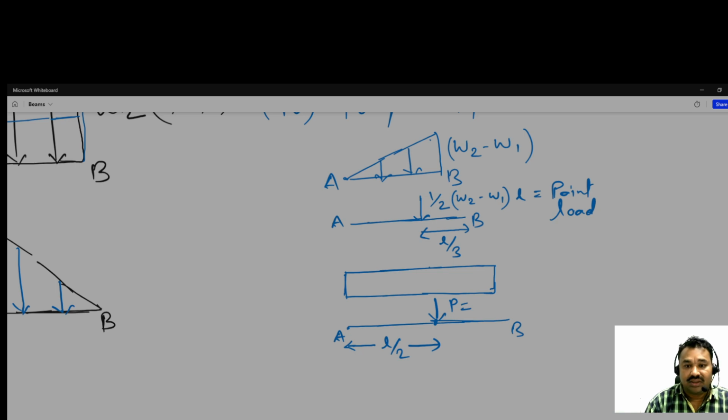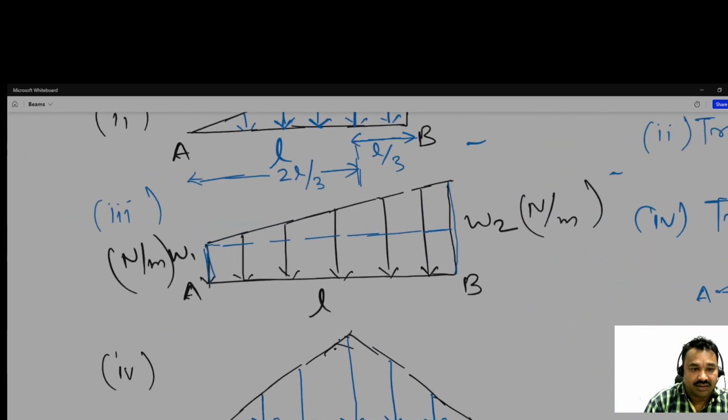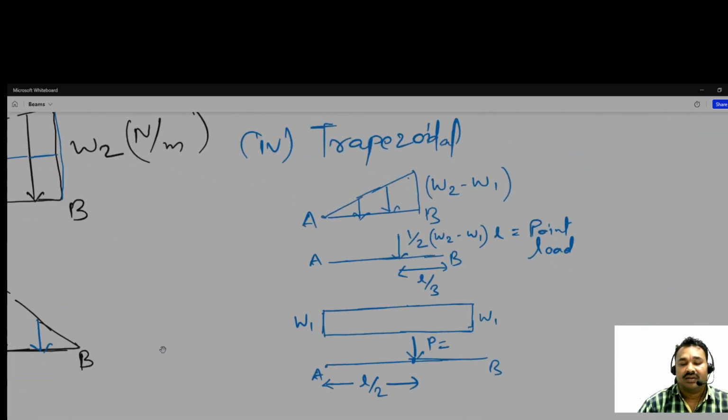P is equal to the total length and height. The height here we can see is W1, so here also W1 you can see in the figure. So P is equal to W1 multiplied by L, the total length, and it is acting from A at L by 2.